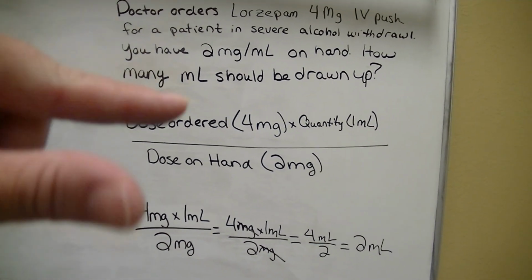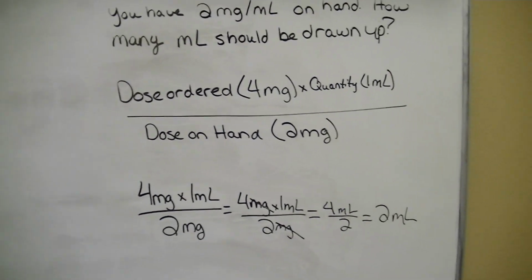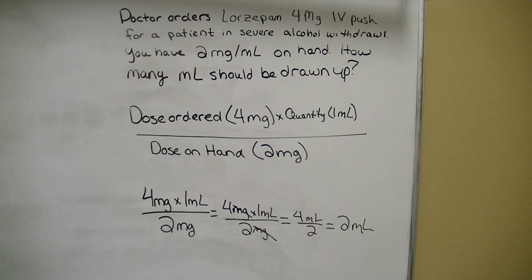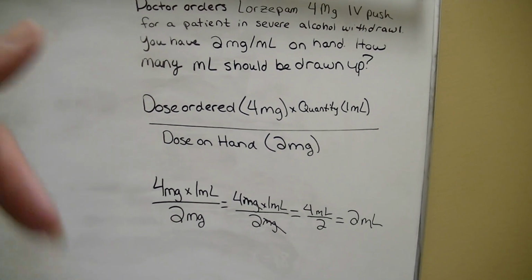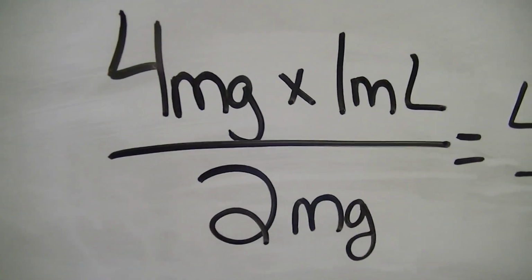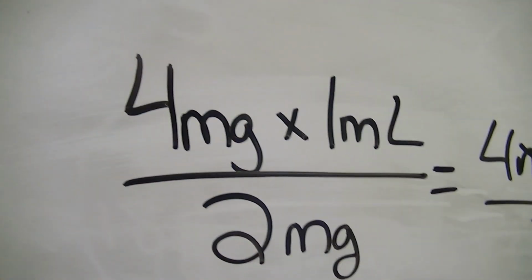So we used a reciprocal, our inverse. Remember, when we divide fractions, the first thing we do is flip the second number, never the first. That's why our first one's still on the top. 4 milligrams still on the top, but our 2 over 1 changed to 1 over 2.